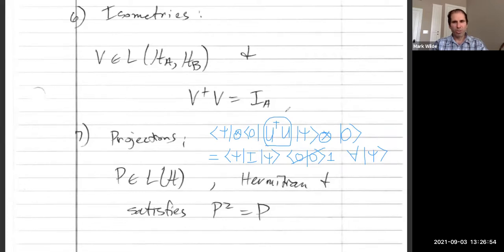And so we can define the isometry V in this way: take V psi to be equal to U applied to psi tensor 0.